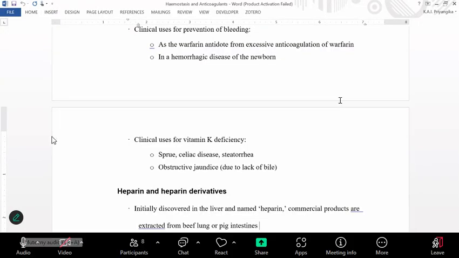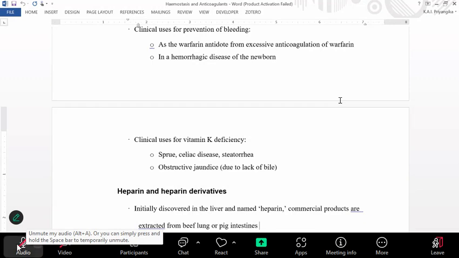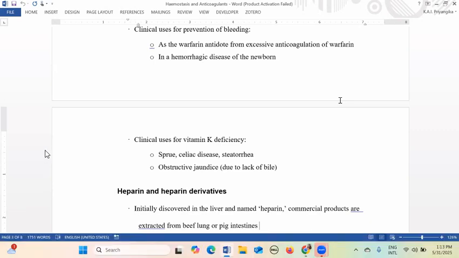The other one, broad spectrum antibiotics, and warfarin use, warfarin-like drugs, vitamin K antagonists. If there are drugs which can antagonize vitamin K, though vitamin K is present, it will feel like a deficiency. So why is vitamin K important for coagulation?